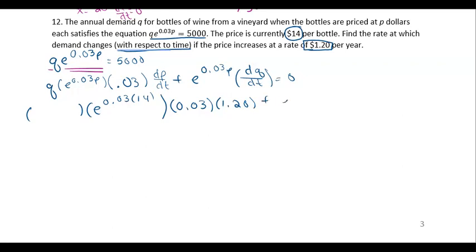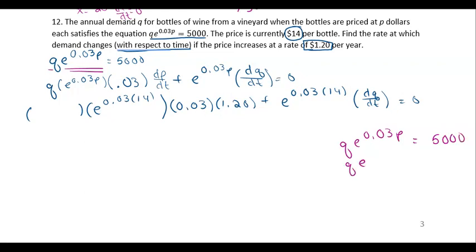Let's keep working it across. e to the 0.03 times 14, and dQ/dt, the change in demand, that's what we're trying to figure out. So I still need to figure out what to fill in for that Q. Let's go back to our original equation. Our original equation says Q e to the 0.03P equals 5,000. So when our price P is 14, what is our Q?